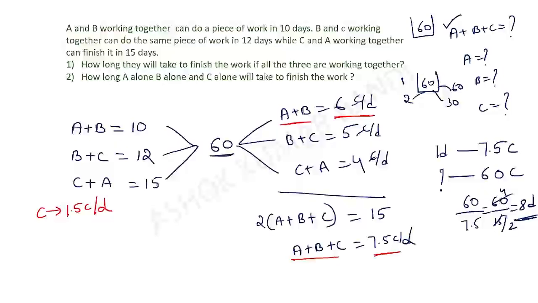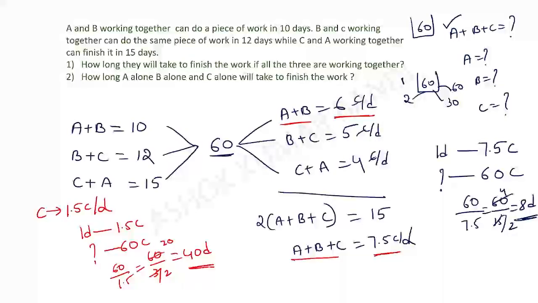So in one day C can eat 1.5 chocolates. But I want him to complete the entire work. So to eat all the 60 chocolates, how long will he take? Simply 60 by 1.5, which is the same as 60 by 3 by 2, which will take 40 days. So C will take 40 days to complete the entire work.